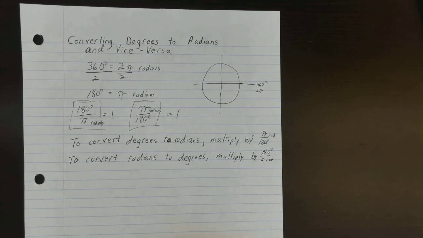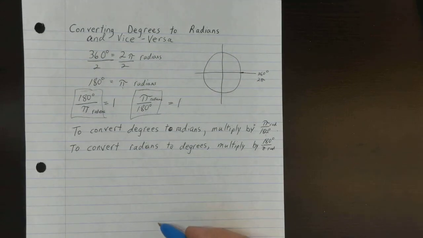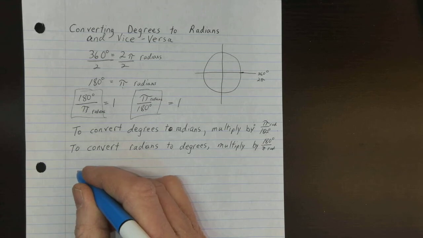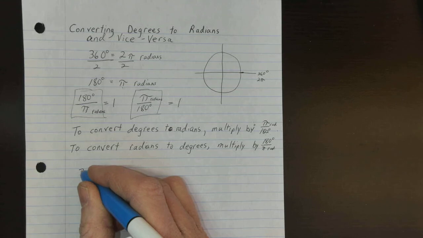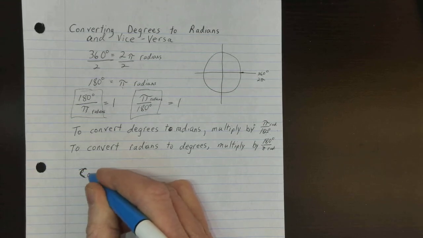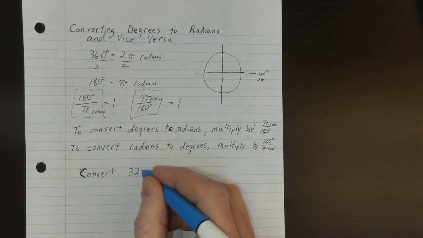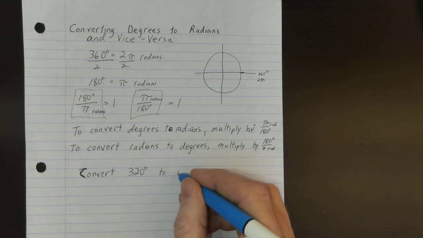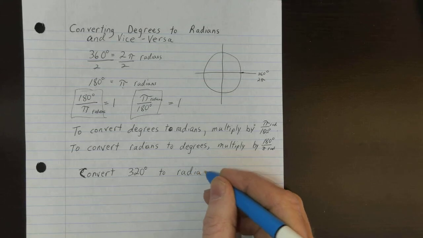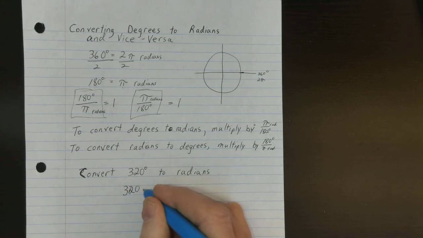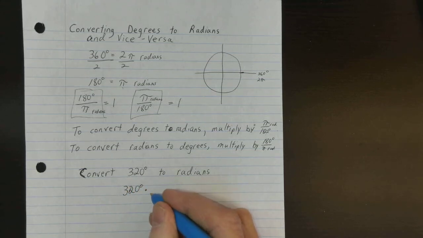Now, let's just do a couple of examples. Let's convert 320 degrees to radians. So we would take our 320 degrees and we would multiply it.